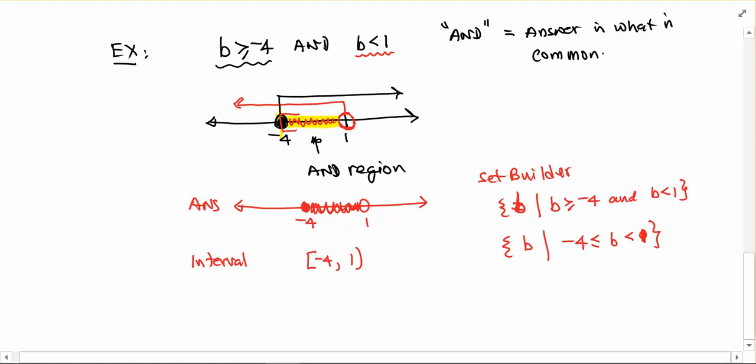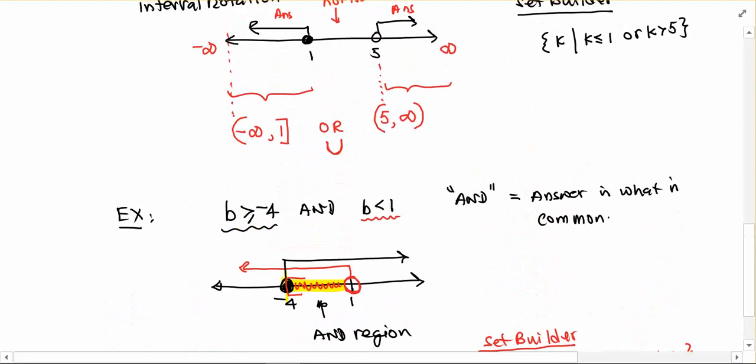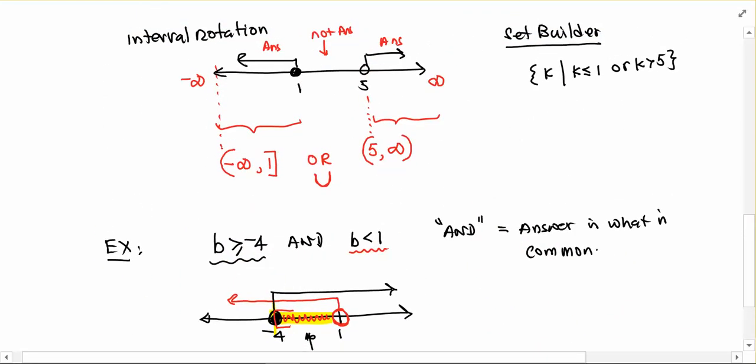It's bigger than -4, including -4, but less than 1, because there's an open circle at 1. So graph, interval notation, set builder for AND. AND is the common region, or is both areas put together.